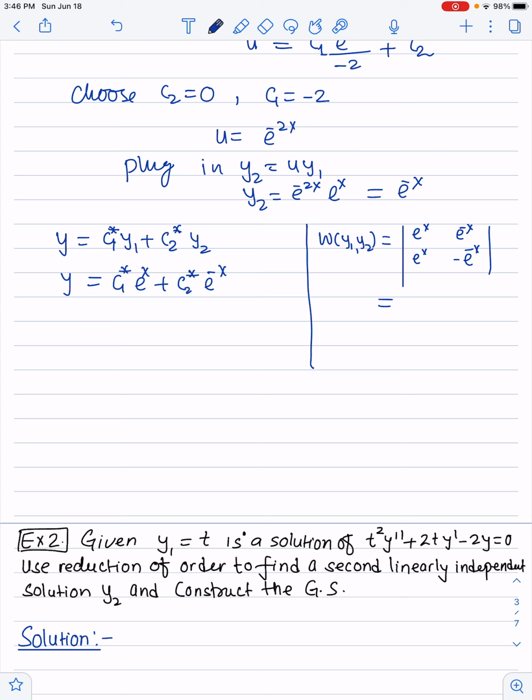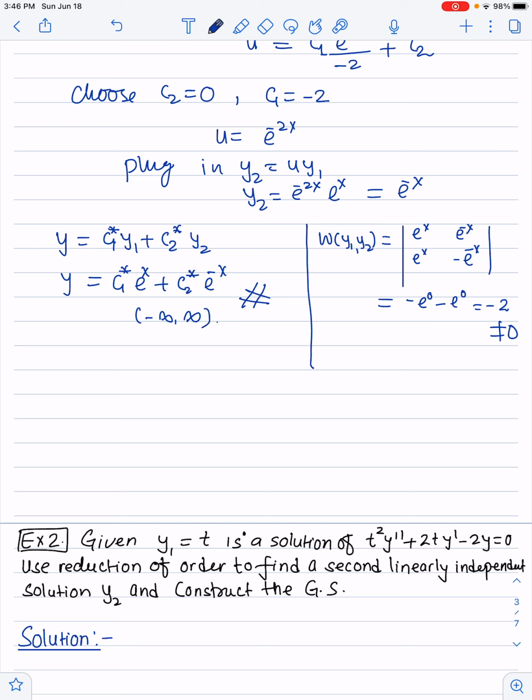It would be negative e to the 0 when you multiply this, and then minus e to the 0, which is negative 2, which is not equal to 0. So y1 and y2 are linearly independent, right? So this is the general solution of the given DE on the interval negative infinity to infinity.